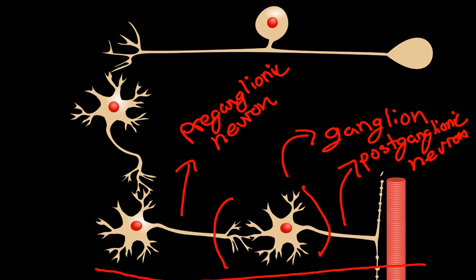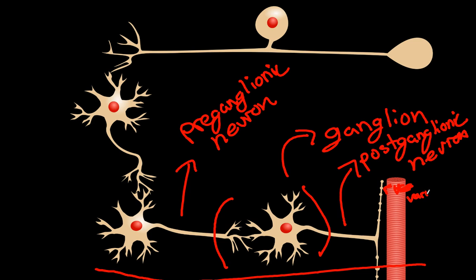Another thing that's important to know about these postganglionic neurons is that at our axon terminals here, we have these swellings. And these terminals are not just a single synapse onto the affected organ or the effector organ. It's going to have long branches that have many swellings called varicosities.